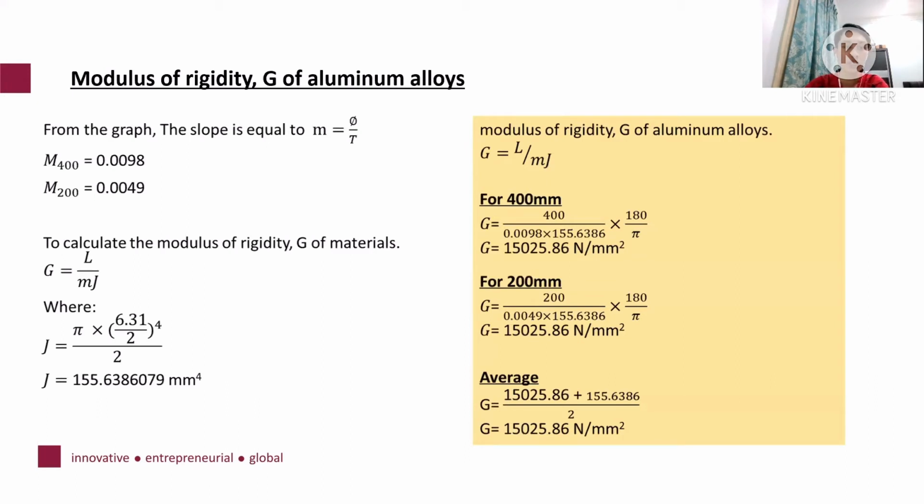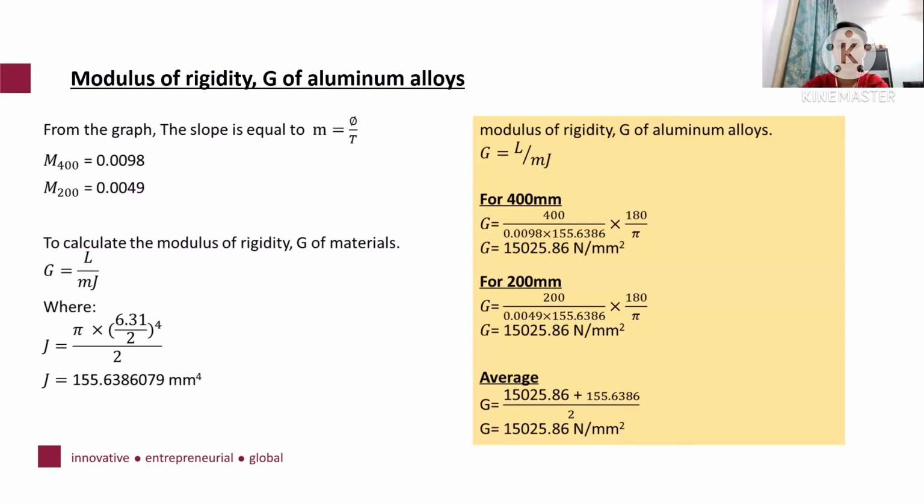From the value of the slope we got previously, we can calculate the modulus of rigidity of the aluminum alloy. We can calculate the modulus of rigidity using the formula G equals L over mJ, where J is the polar moment of inertia and it is equal to pi/2 times the radius of the rod to the power of 4.